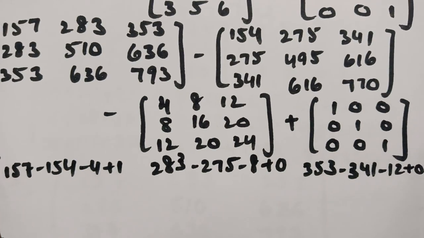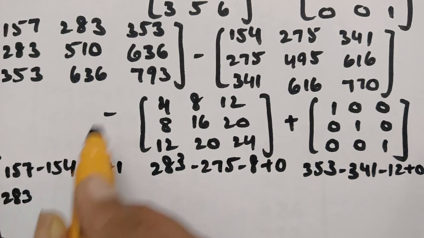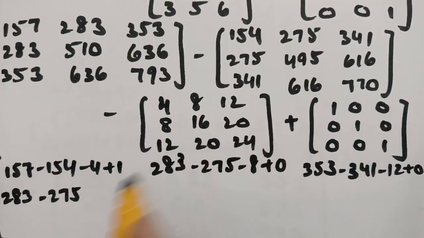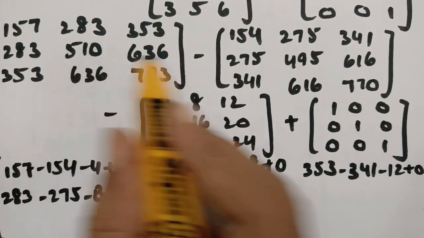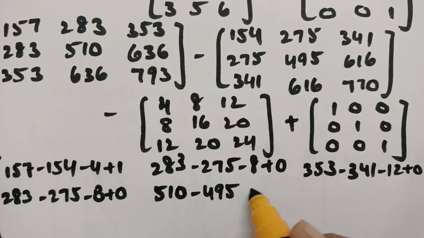And the next one is 283, and next minus 275, and next minus 8, and this is plus 0. And next one is 510, this is minus 495, and this is minus 16 plus 1.